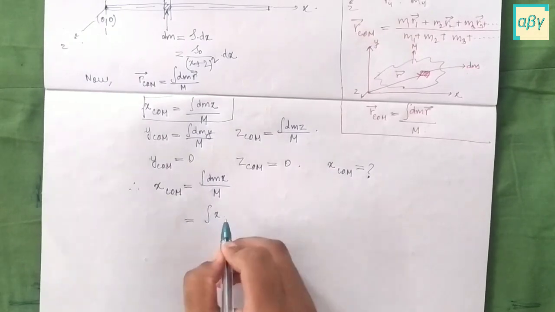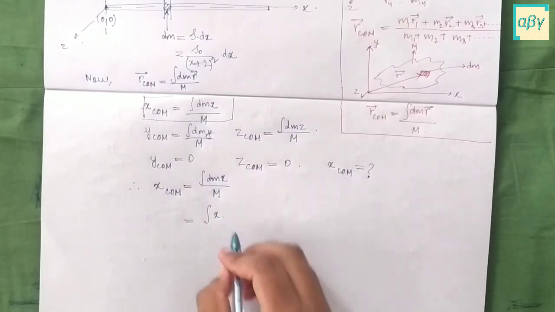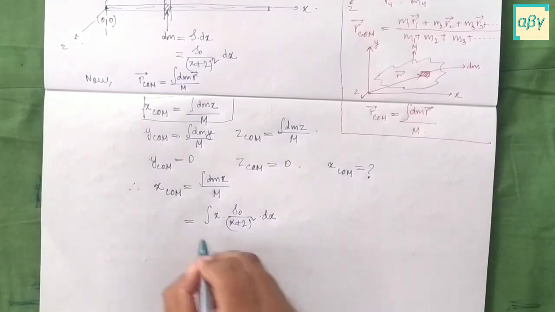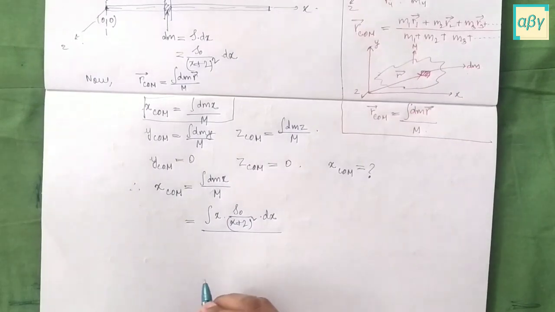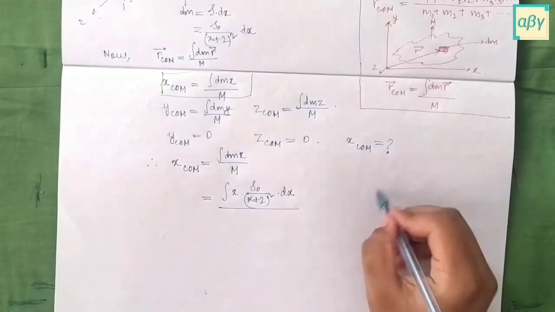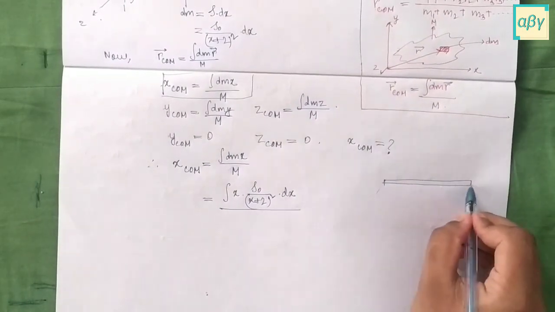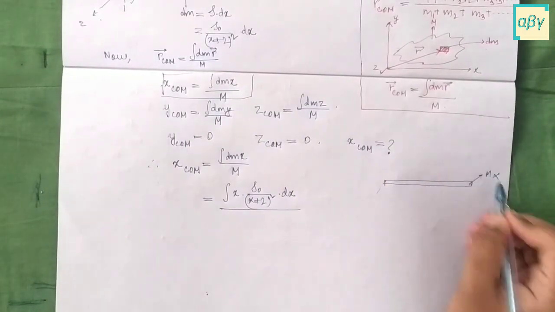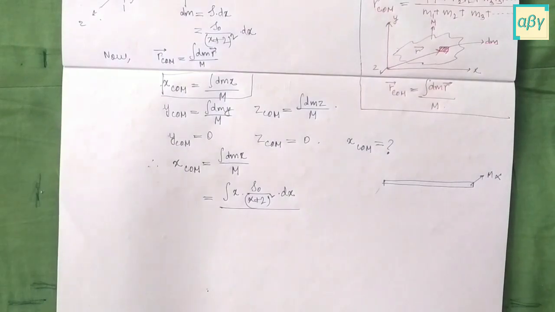In this case, I know the value of dm. Let me substitute it here: integration of x into rho 0 by (x plus 2) whole squared times dx, divided by capital M. Now, what is capital M? For the rod in the question, the total mass was not mentioned. So what can I do now?